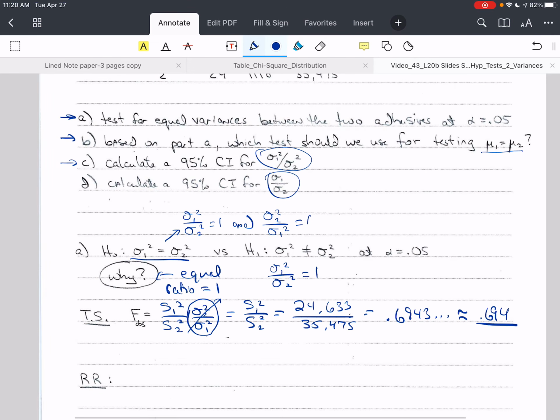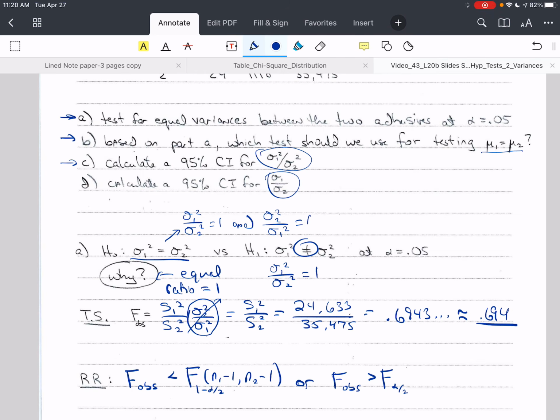My rejection criteria, because I have a not equal to, I have to do F observed less than F 1 minus alpha over 2, N1 minus 1, N2 minus 1 degrees of freedom, or F observed is greater than F sub alpha over 2, N1 minus 1, N2 minus 1 degrees of freedom.